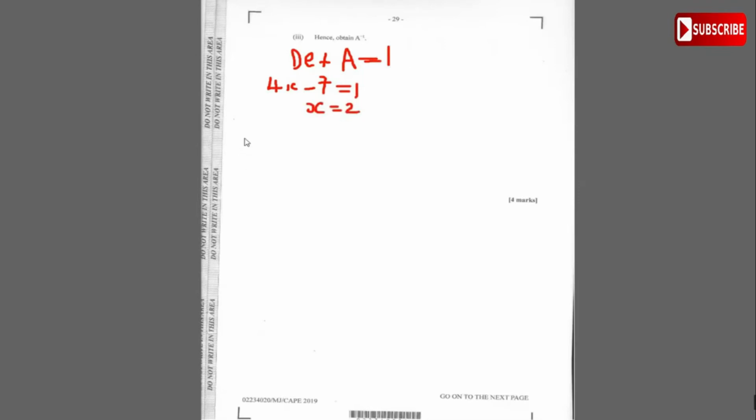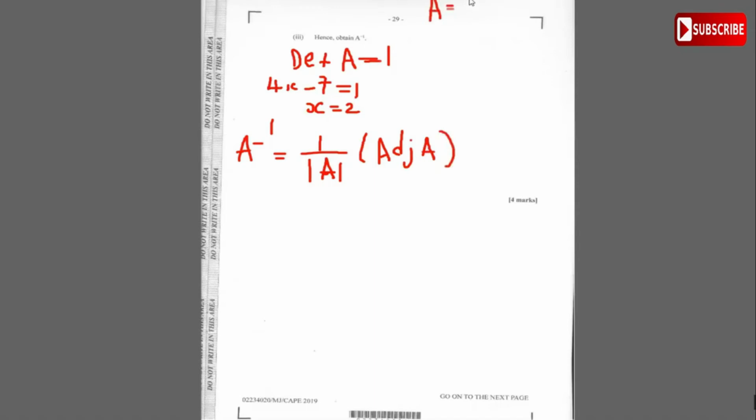And so now we know that A inverse is going to be equal to 1 over the determinant of A times the adjoint. So all we need to do is find the adjoint of A. And the adjoint is the cofactor matrix transposed. So I'm just going to write what A was again up here.